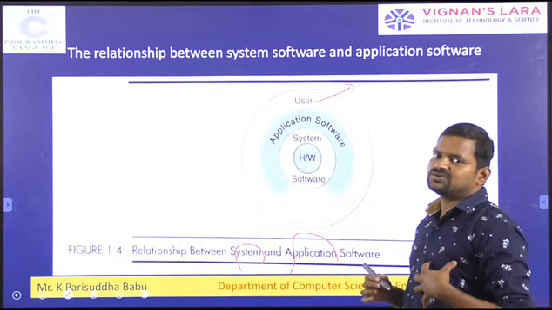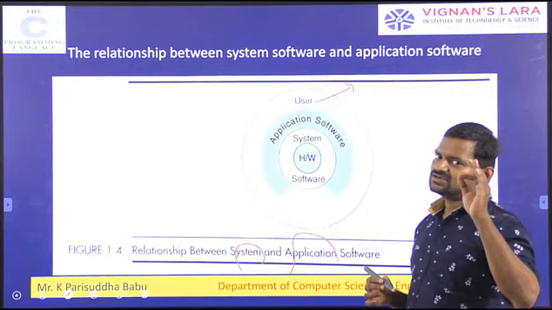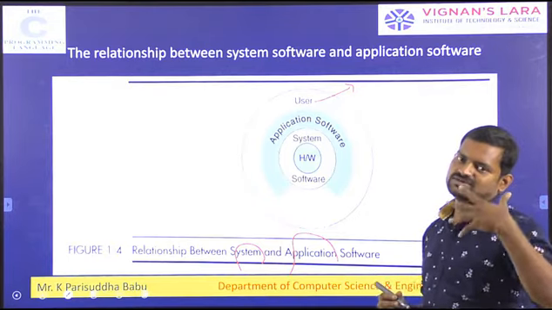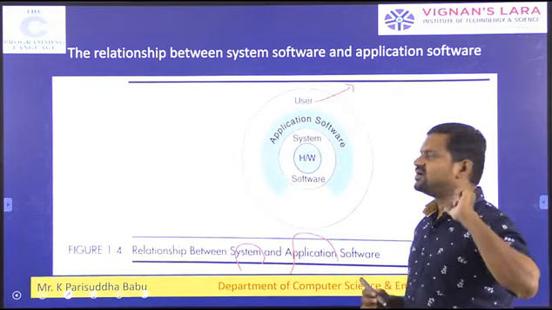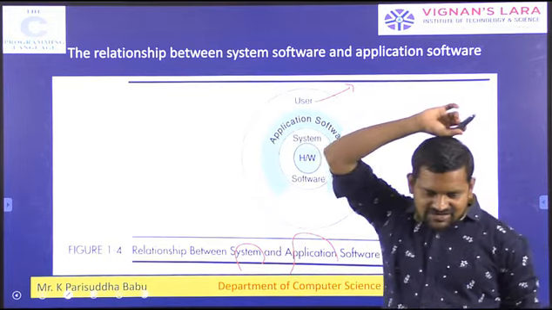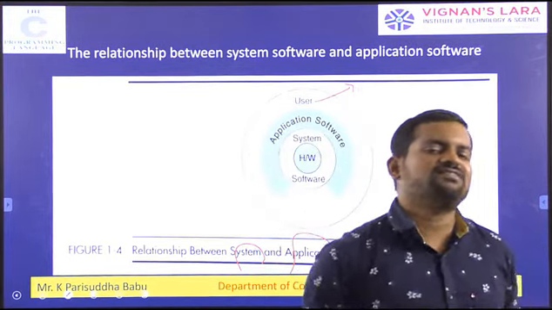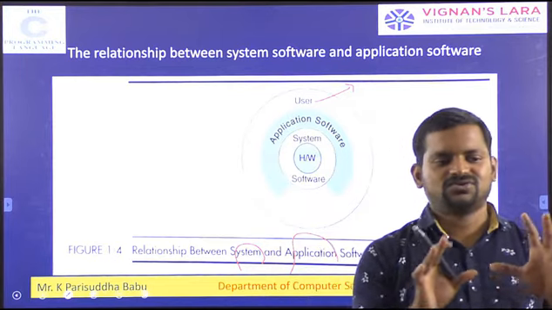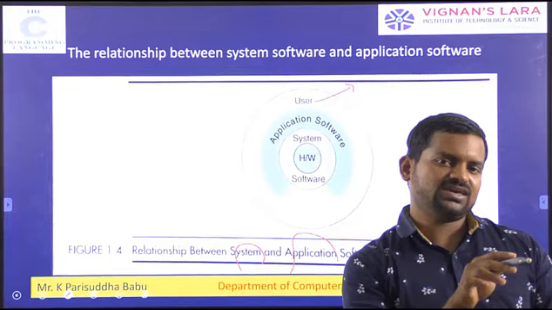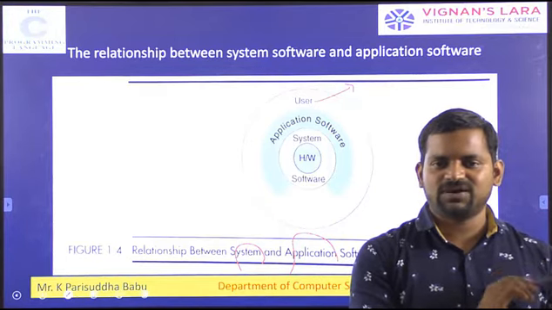If I want to send a message through a device, that device is a computer or a phone, and it has some operating system. First of all, I have to send information through WhatsApp to you. What do I have to do? I have to log in to the system, or unlock my mobile phone. First process, unlocking the mobile phone.